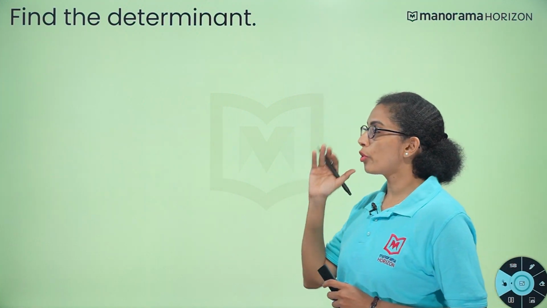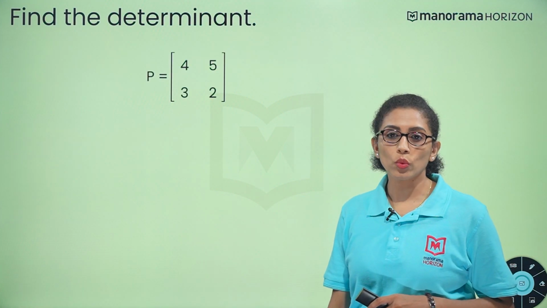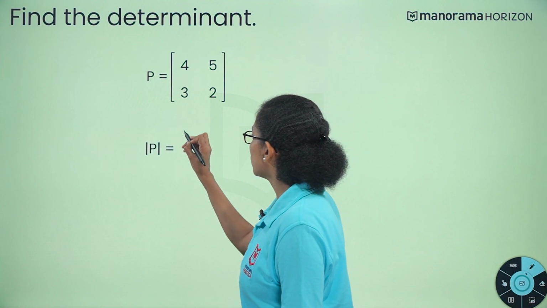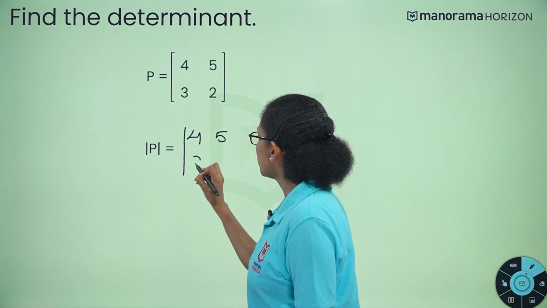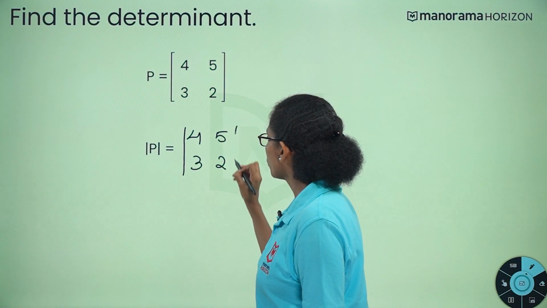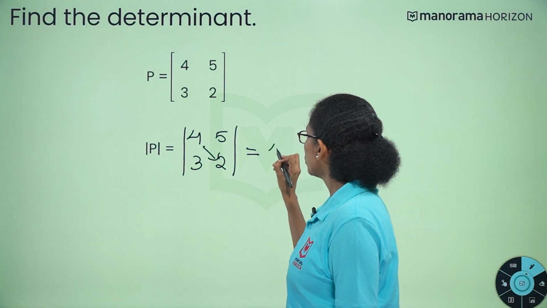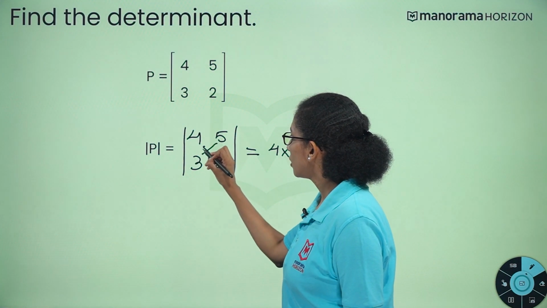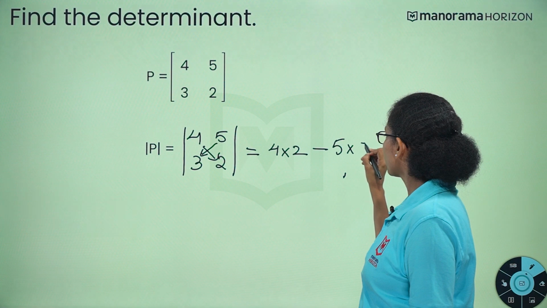Let's see one problem to understand more. Find the determinant of matrix T equal to 4, 5, 3, 2. Its determinant is determinant 4, 5, 3, 2, which is equal to 4 into 2 minus 5 into 3.